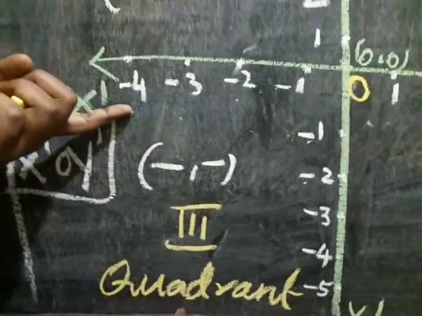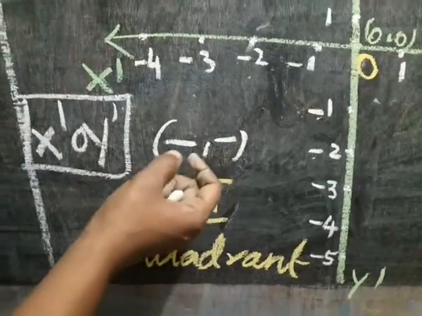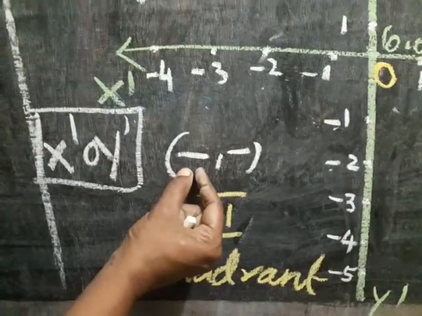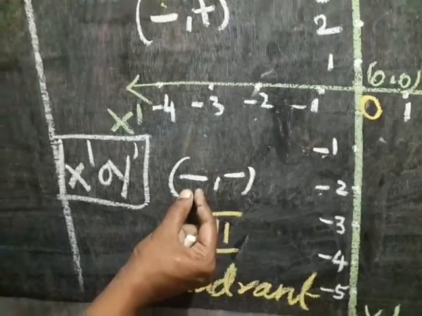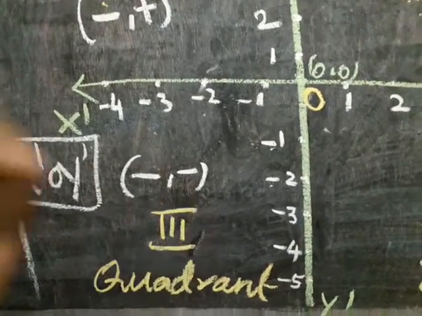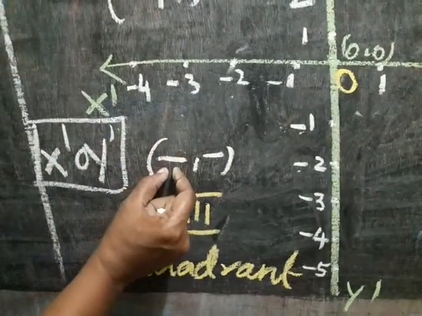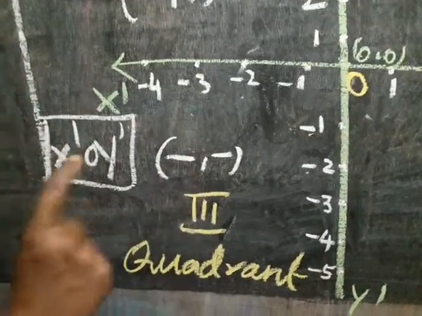So the third quadrant sign is minus comma minus. You know that the first value is the x coordinate, and the second value is the y coordinate value. So you have to mark the graph. Always consider the first value as the x coordinate value.